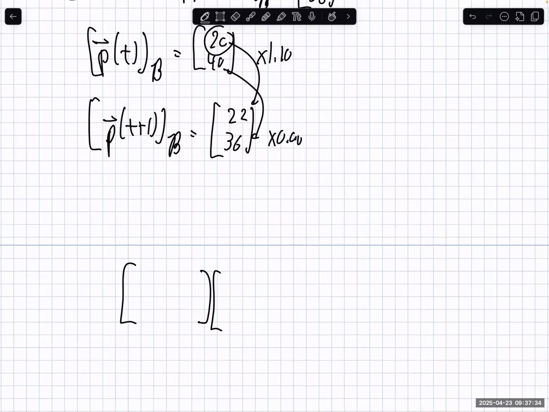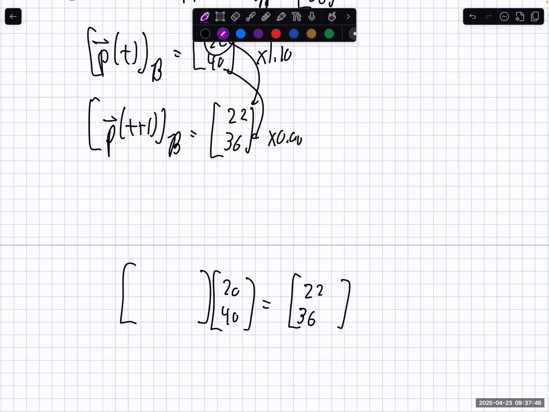So if I want to do this with a matrix, my 20, 40 input goes to 22, 36. And the right way to look at this is 1.10 times the 20 plus 0 times the 40.